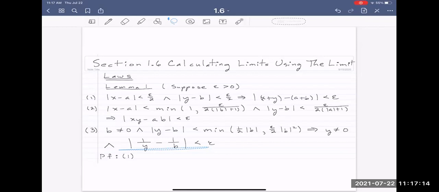So what you notice here is that this is what we use to prove the reciprocal and the quotient. The limit of a reciprocal is the reciprocal of the limit, and the limit of a quotient is the quotient of the limits.